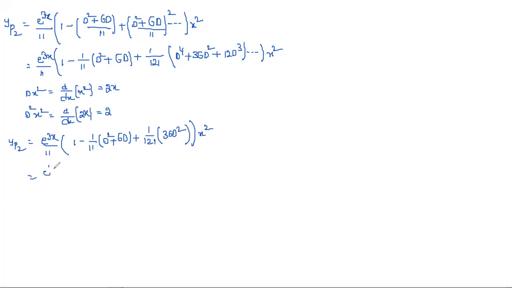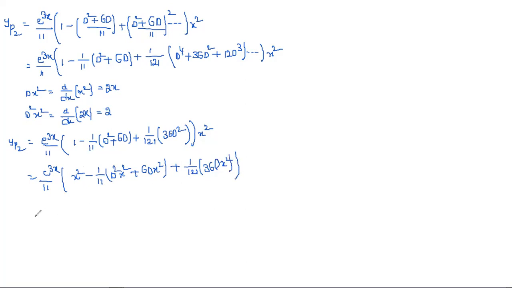Or you can multiply x square instead of that, and then also you can write by 0. So this is equal to e power 3x by 11 into x square minus 1 by 11 into D square x square plus 6D x square, plus 1 by 121 into 36 D square x square.